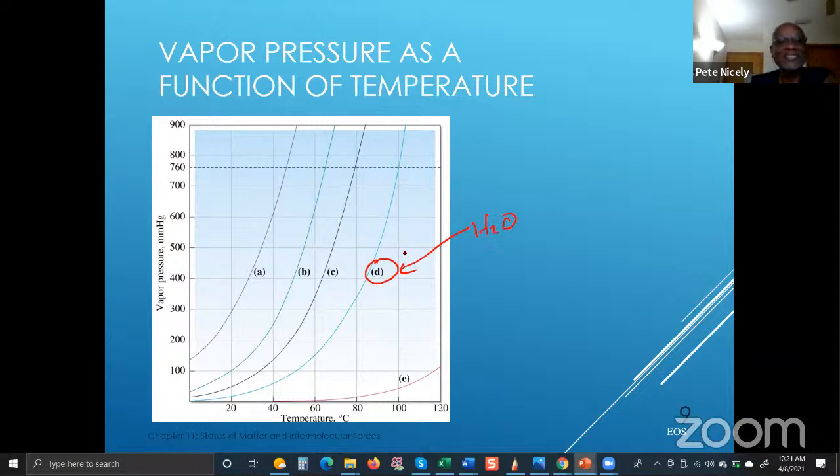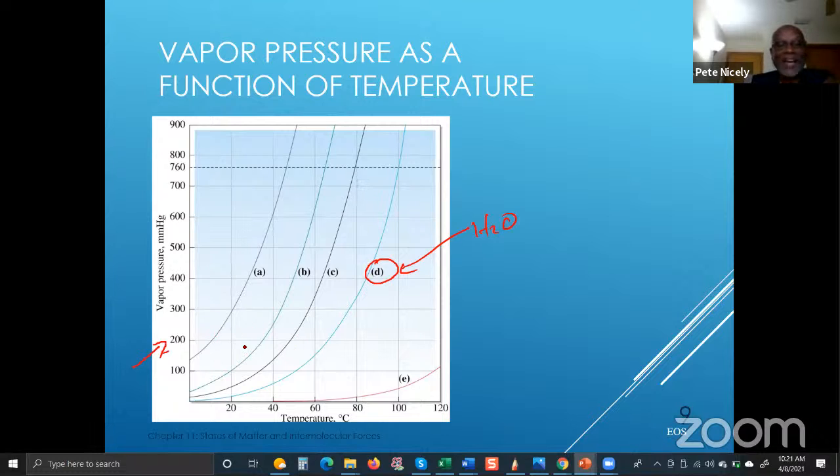So remember we said that the temperature at which the vapor pressure is equal to the external pressure will be the boiling point of that liquid. So in the case of water, let's say that the external pressure is 200 millimeters mercury.